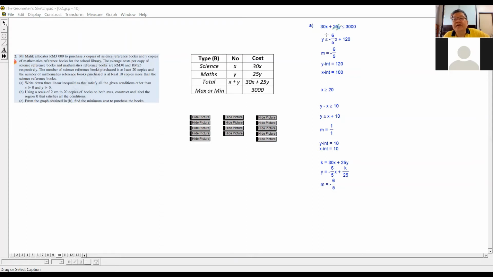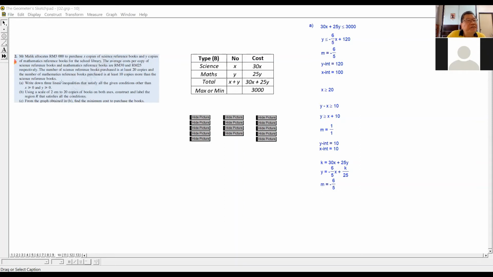So when y equals 0, 30x equals 3,000. So what is the value of x? X is 100, right? That's why I have x-intercept 100. Y-intercept comes from the equation. Okay, so keep the x-intercept, y-intercept, and the gradient.